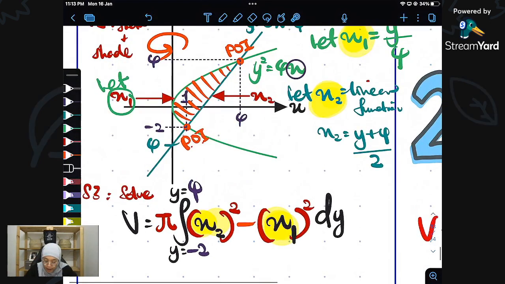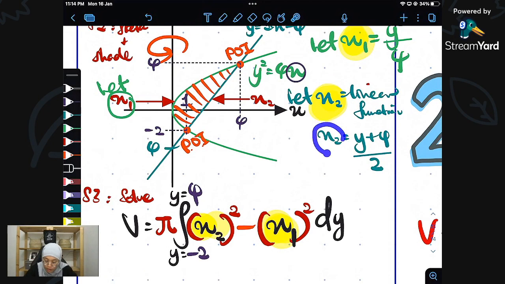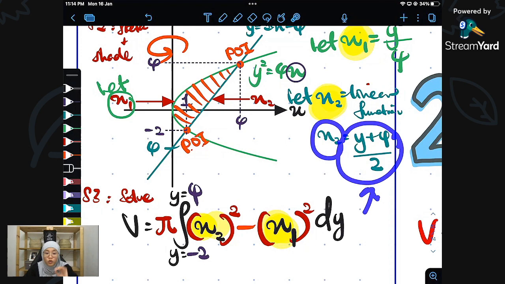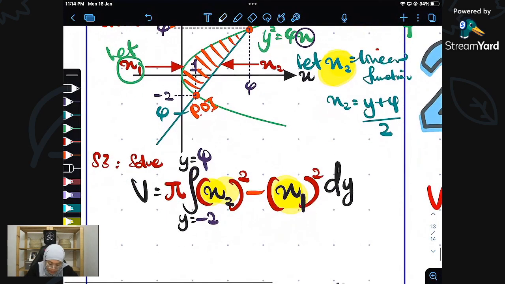So careful, okay guys? So X2 adalah y plus 4 over 2. I already make it as a subject, so I'm very clear that this is my x2. So now let's put it in. So my integral is still the same, so remain it. Selagi tak integrate, selagi itulah letak integral.